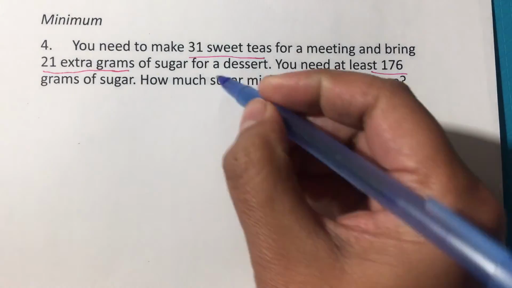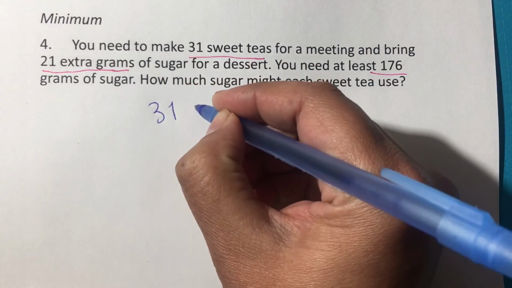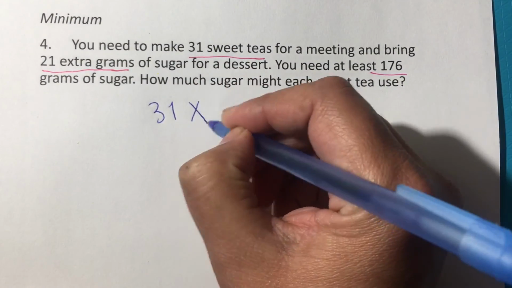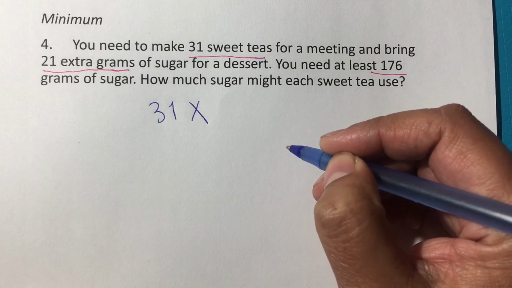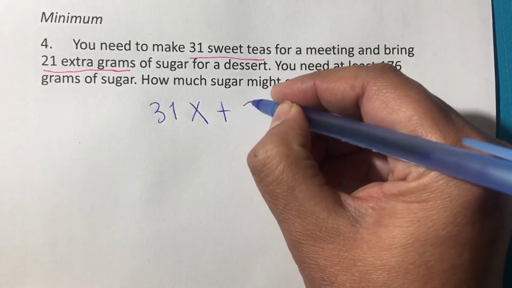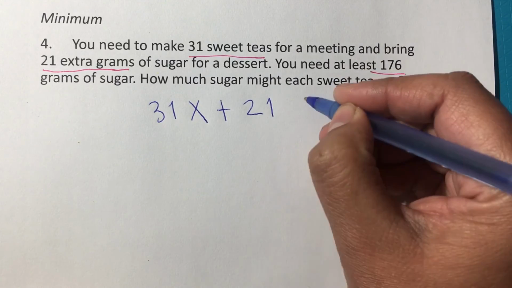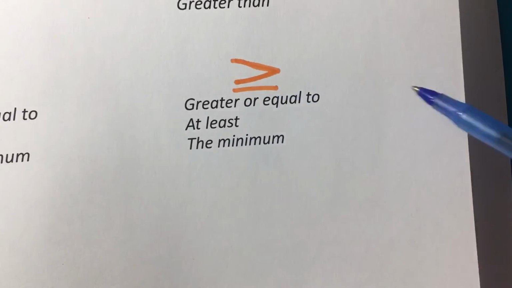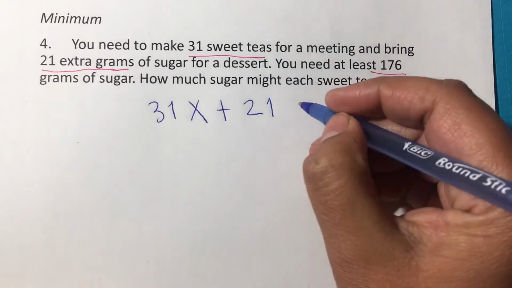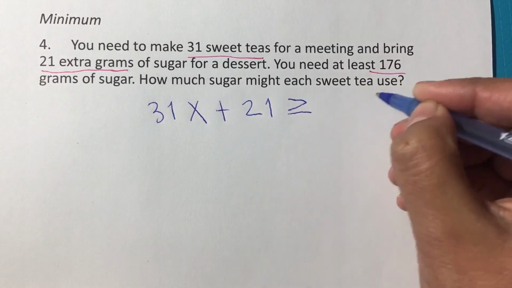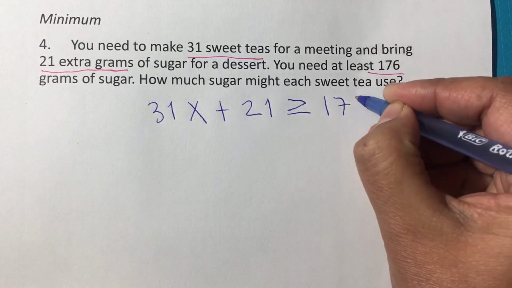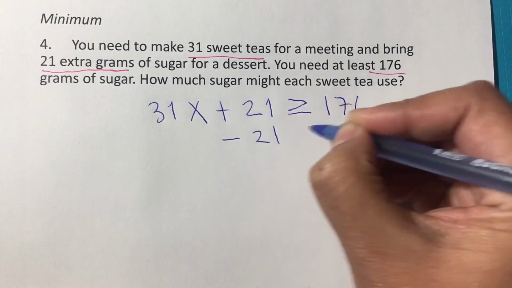Okay, so you have 31 sweet teas that we don't know how much sugar each one will use, but you also need the 21 grams for the dessert, and it has to be at least, it's right here, it's greater or equal 176. Now we solve by subtracting.